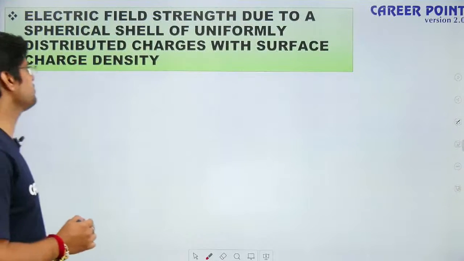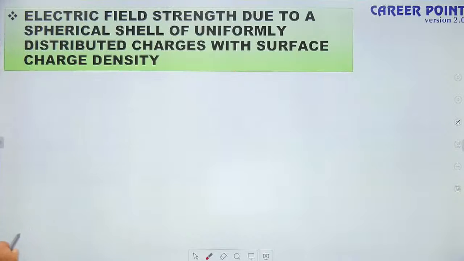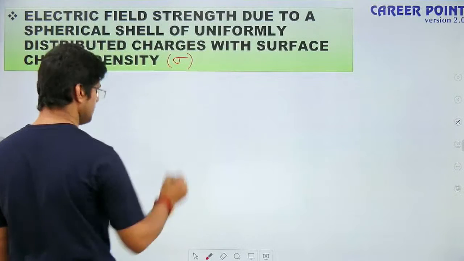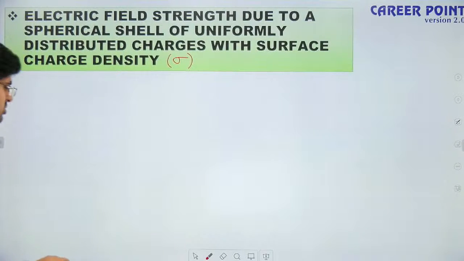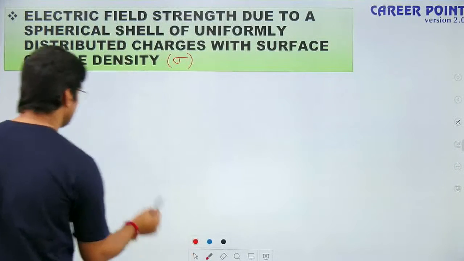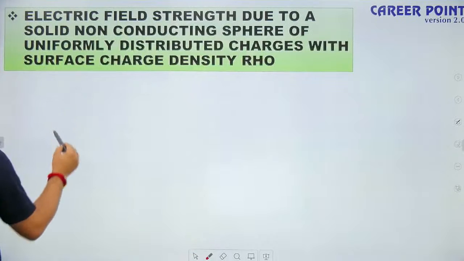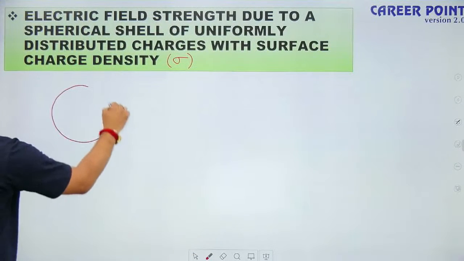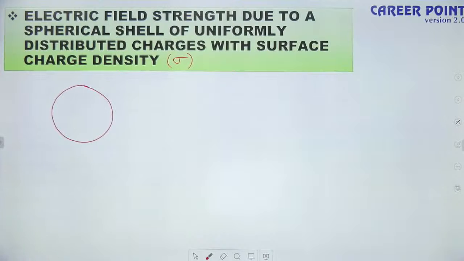Electric field strength due to a spherical shell of uniformly distributed charge with surface charge density sigma. In that case, what we are supposed to find? Let's take one sphere, a spherical shell.